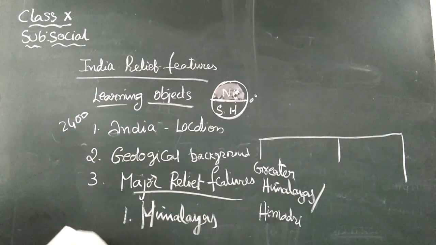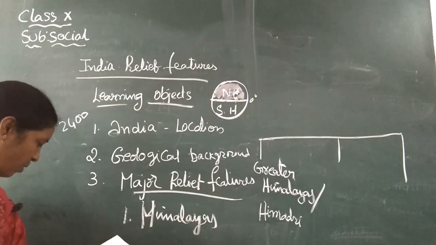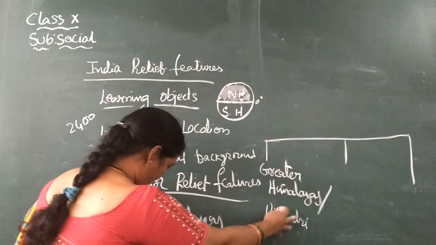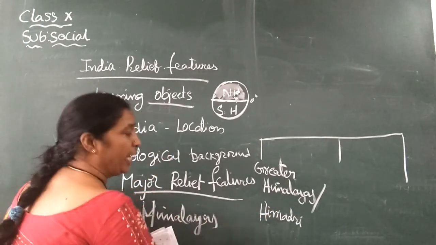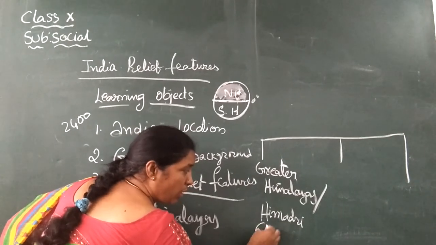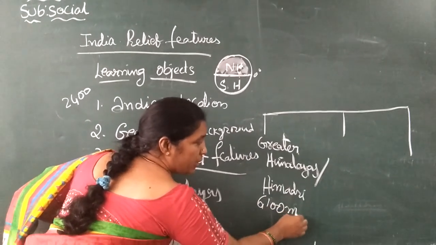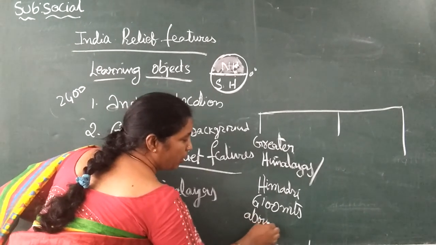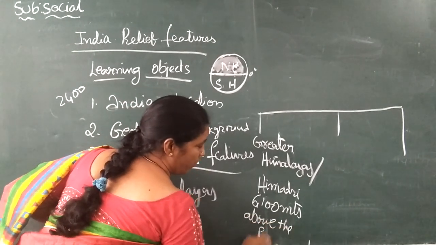These Himadri ranges are the highest. The Greater Himalayas consist of the highest peaks with an elevation of 6,100 meters above sea level.